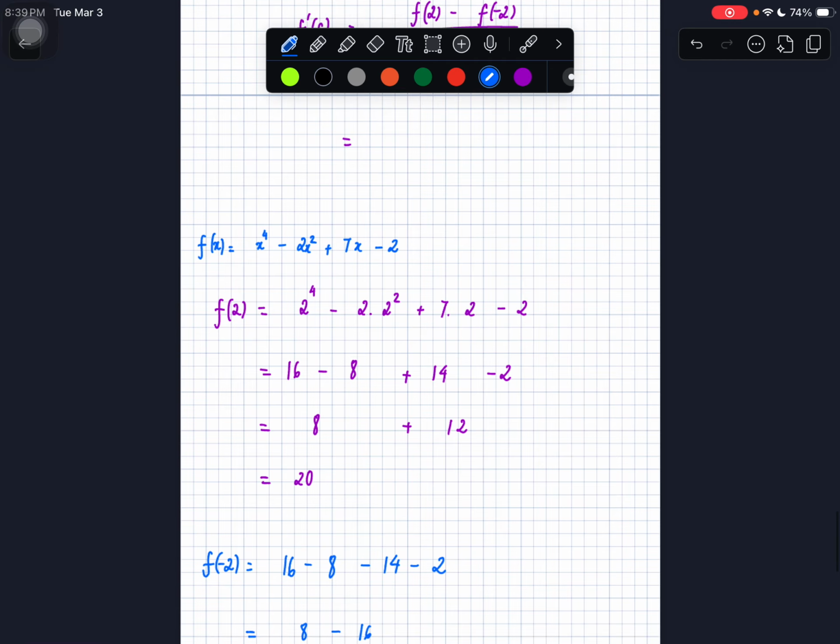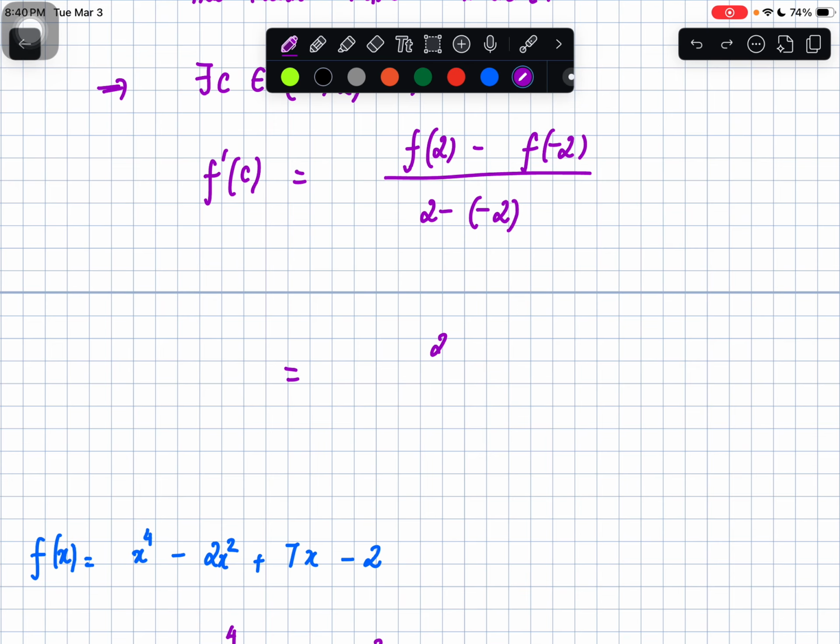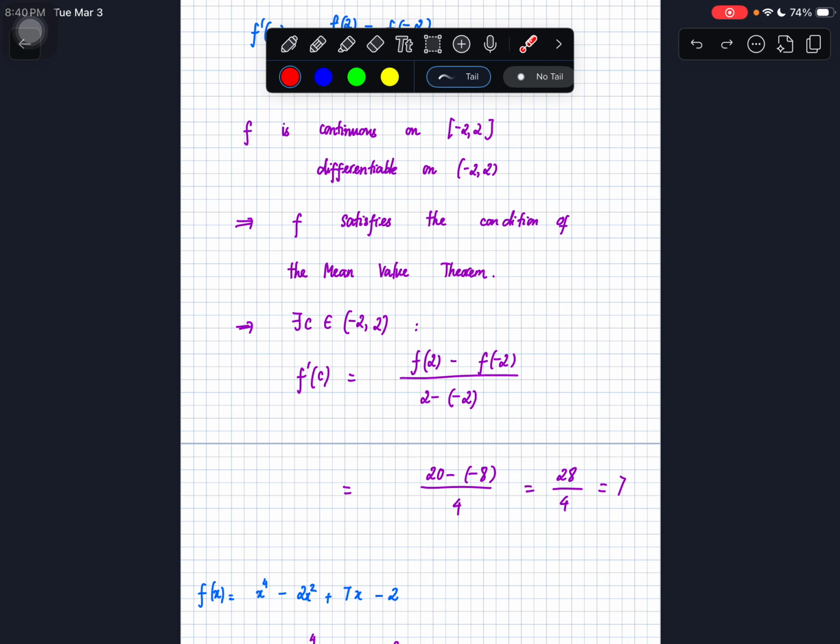And therefore this one is (20 minus (-8)) over 4, 28 over 4, which is 7. There exists c such that f prime at c equals 7.